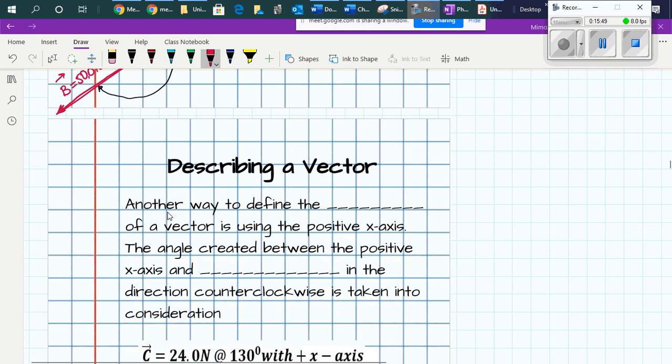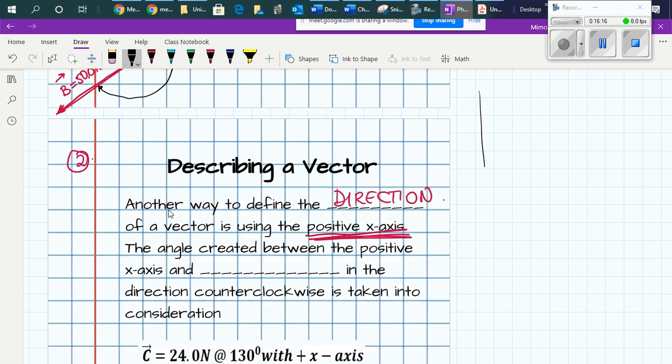Now, the second way to describe the direction of a vector is by using the positive x-axis. And when we say the positive x-axis, keep in mind it is the same as the convention that we are using in math.